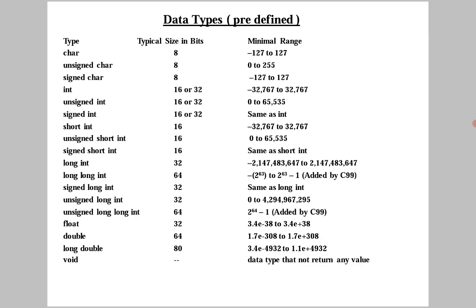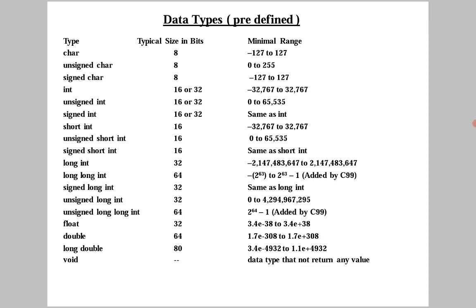Int data types are used to store integer numbers. What are integer numbers? Integer numbers are also called whole numbers, meaning numbers without a decimal point. Integer data types are generally used to store whole numbers.